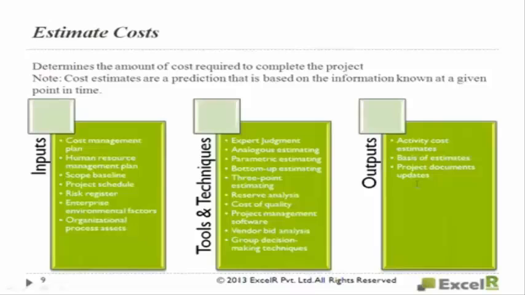Then you will analyze, oh okay, this is the cost of this. So when you are estimating the cost, suppose you need a bulldozer for your project. There are 5-6 bulldozer suppliers in your city. You will call each one of them and analyze their bids. What is the bid they have submitted for this bulldozer? So this is one of the things you require to estimate cost.